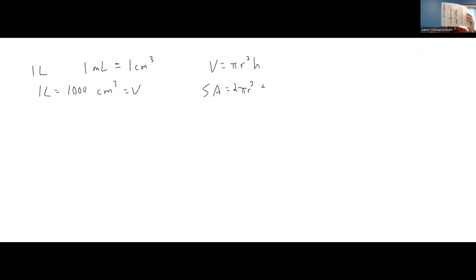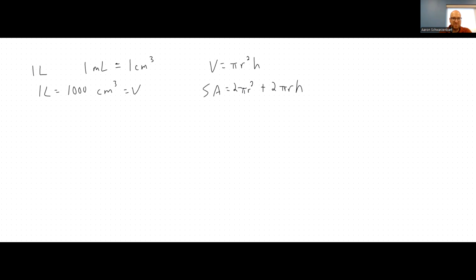What's the bottom dimension of my cylinder? Circumference of the circle, right? So circumference of a circle is 2 pi r. That's the length. The height is h. So this is my surface area of a cylinder.